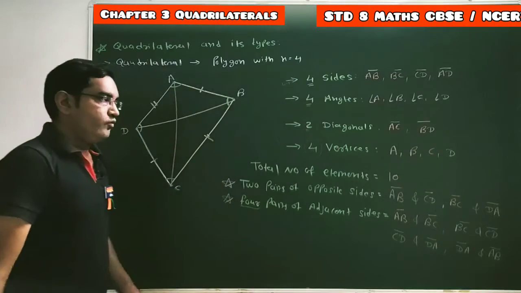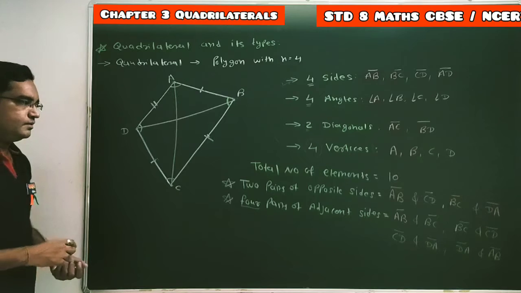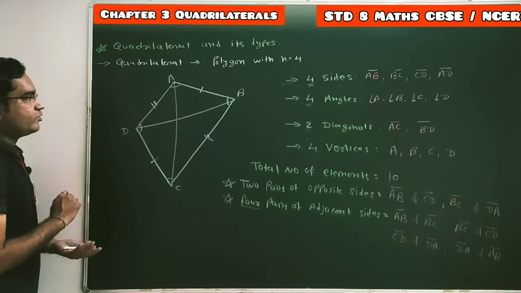Total 4 pairs of adjacent sides are there. Done. Now sides are done.